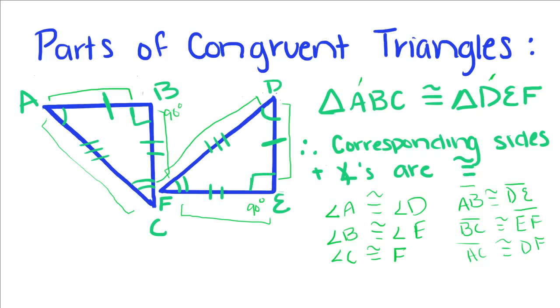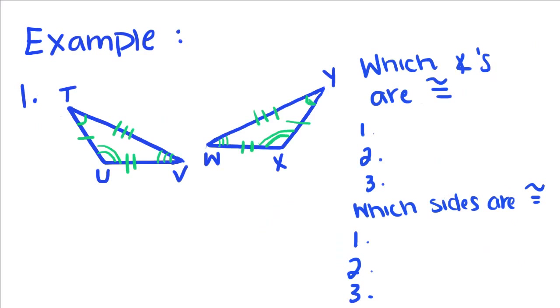So now that we know which angles have to be congruent to which, we're going to do an example naming which angles are congruent.